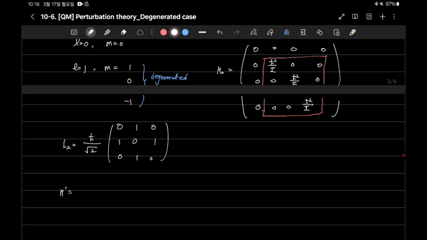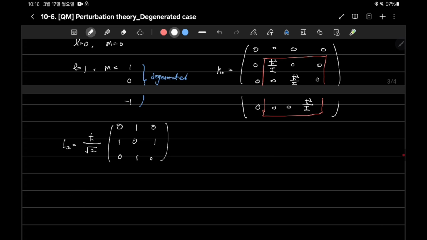So it is omega 1 Lx, h bar omega 1 times this matrix in the subspace.